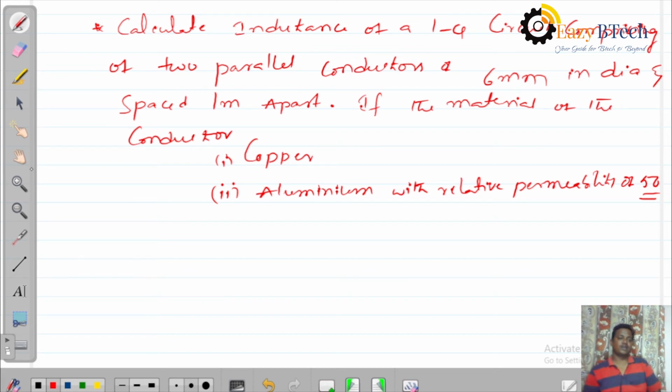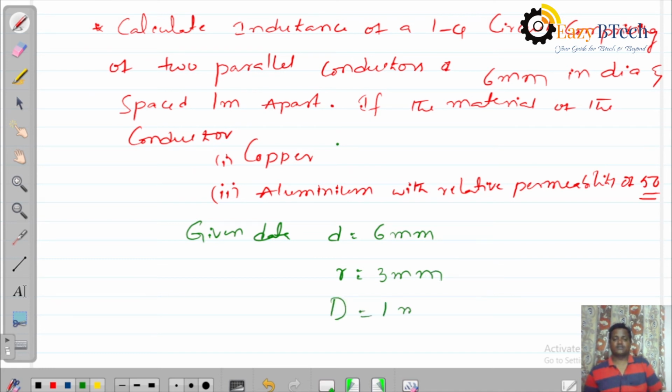First of all, we have to write the given data. The diameter of the conductor is 6 mm. Therefore, the radius is 3 mm. The distance between the conductors is 1 meter. It is more convenient to change the units of radius from mm to meters.